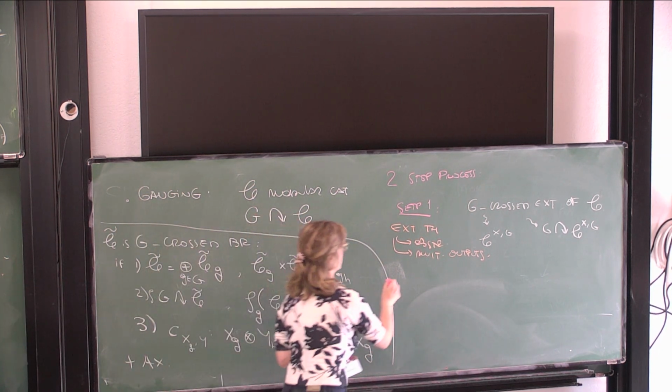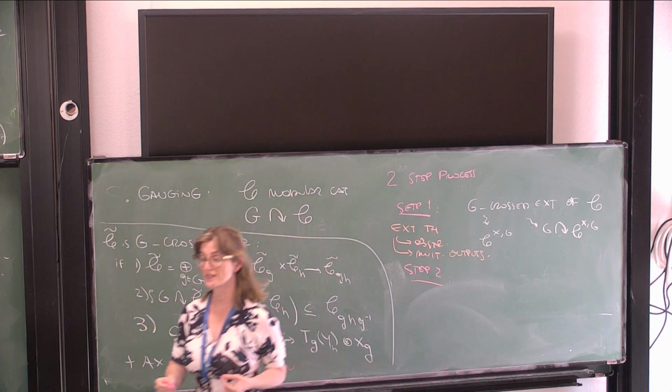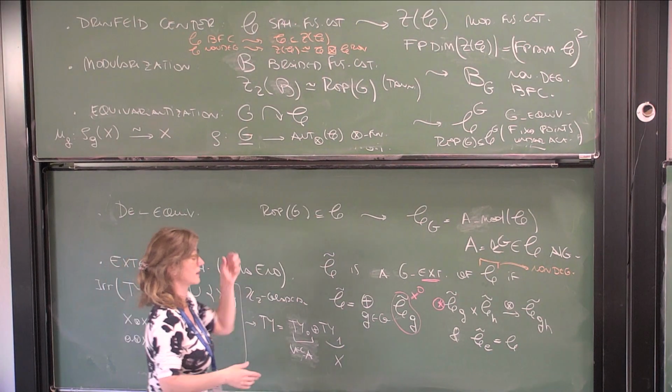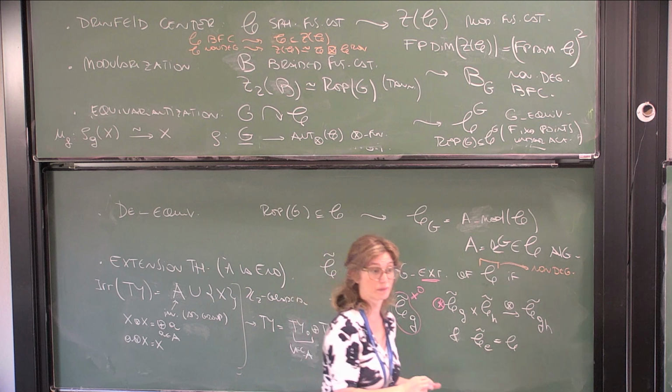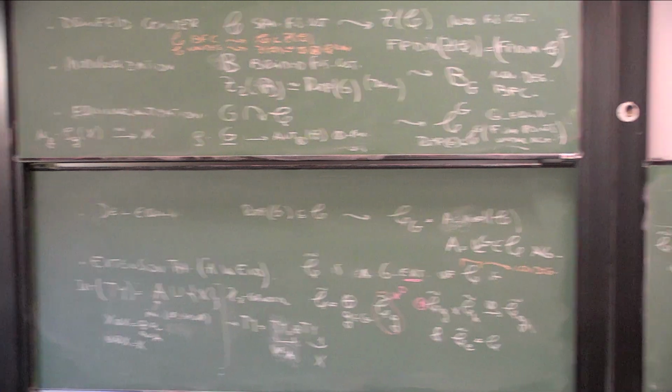So now I will do step 2, and I will use this action with one of my other constructions that in principle works in general. I have a category with an action, and I can get the fixed points. So the gauging is just that.